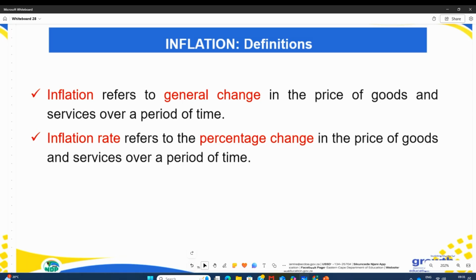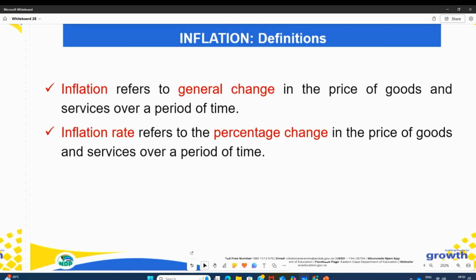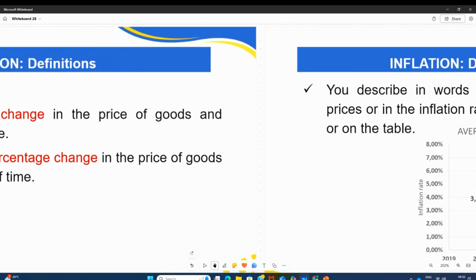Same thing when you define the inflation rate: if you define in the context, you include whatever your question is talking about. So that's what is important. And again, when you do your definition, there are keywords that are important. The change is important. The period, the over time, is important as you are defining.